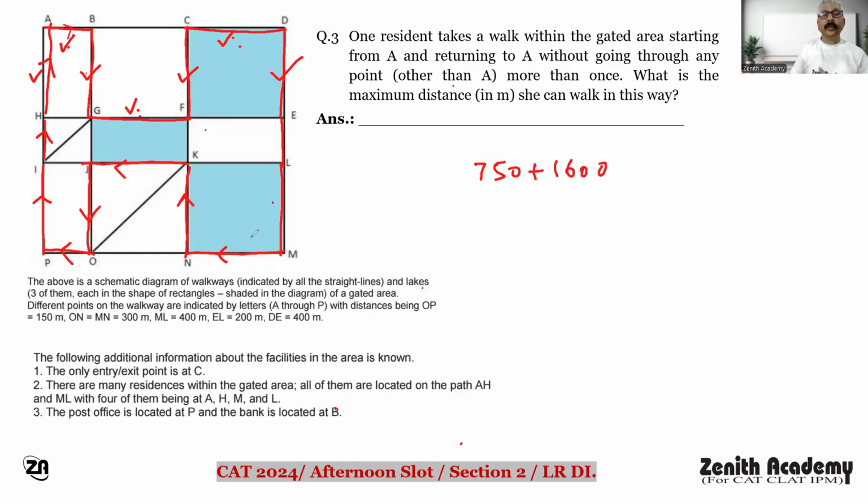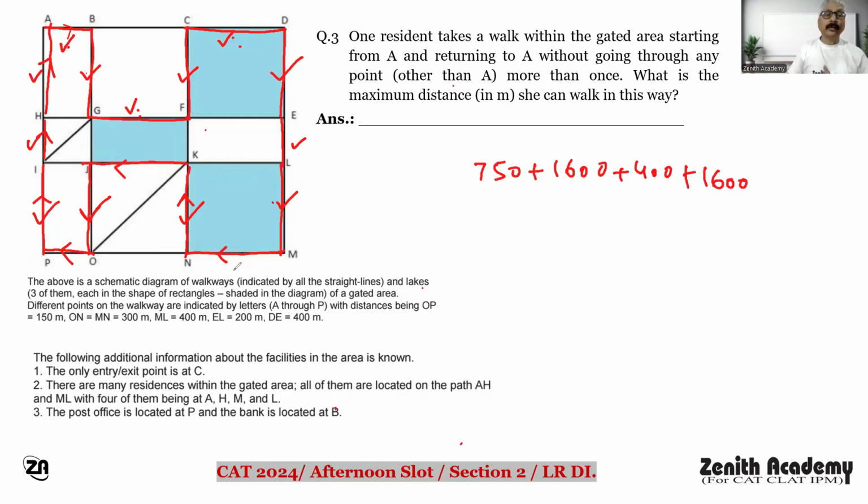Same way here, this is 200 and this is 200. So 2 plus 2, 400. And now this is 400, 400, 400, 400. Means 16.